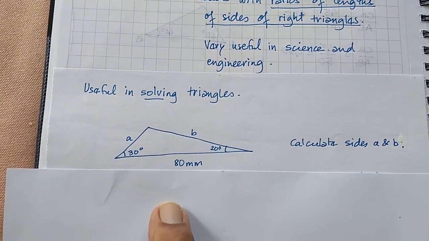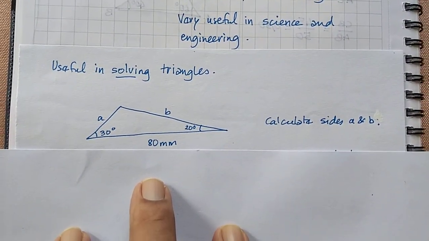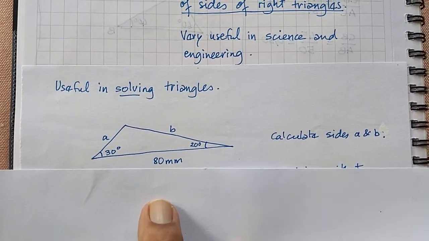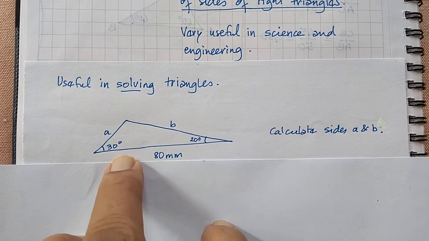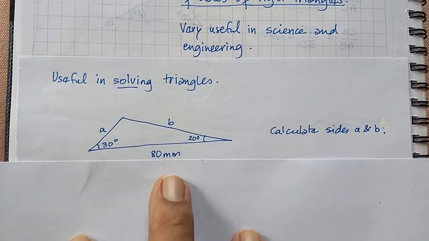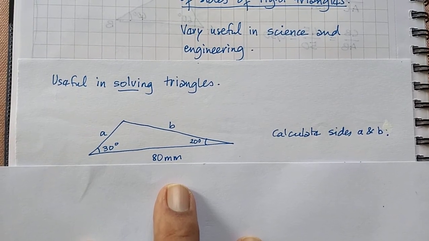So if you have to do it just by calculation, you cannot do it without trigonometry. Pythagoras will not help you here because there's no right angle here, so you have to use trigonometry.